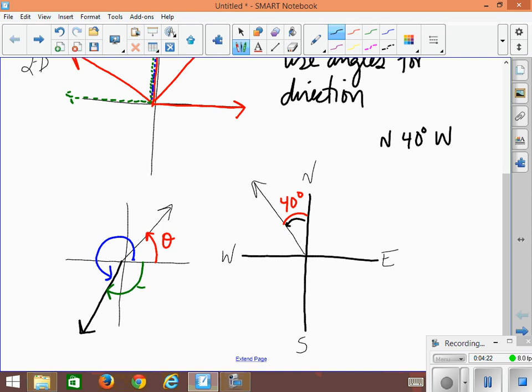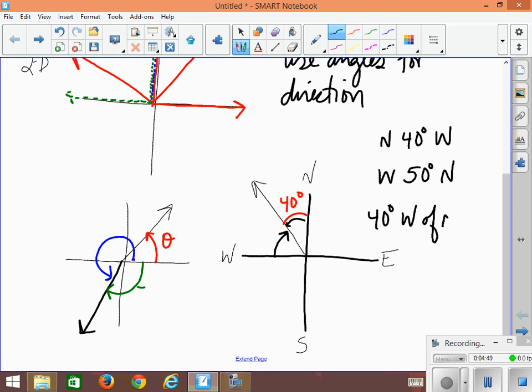You can also express it as west. If you think about the angle that would be here on the other side, that would be west, and of course, since it has to add to 90, it would be 50 degrees towards the north. So both of those are how we can describe the angle. You can also describe this in words as saying 40 degrees west of north.